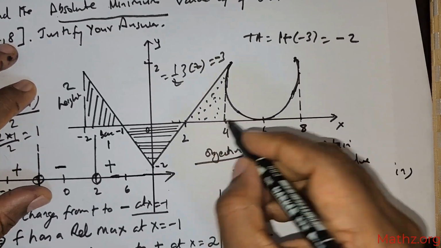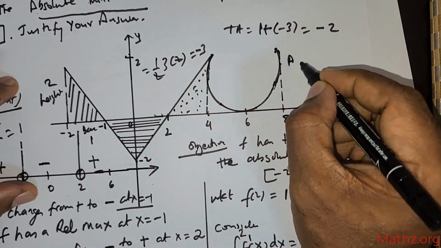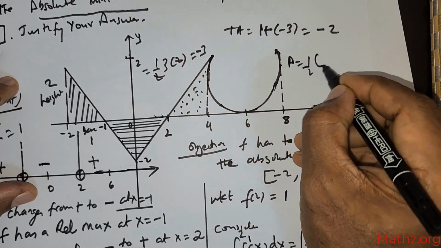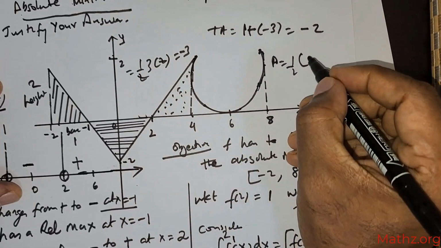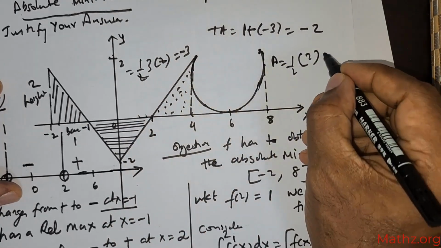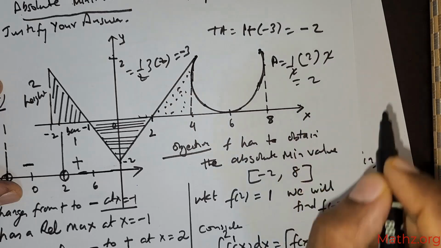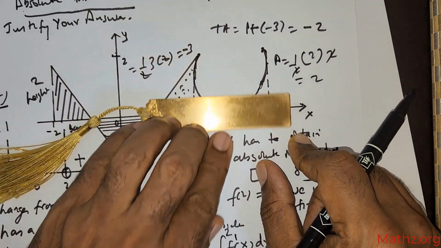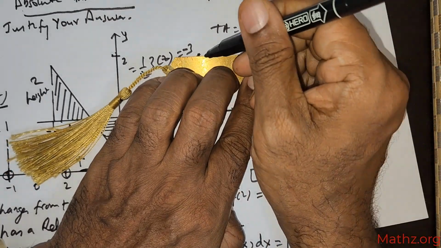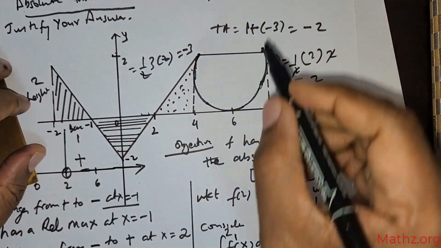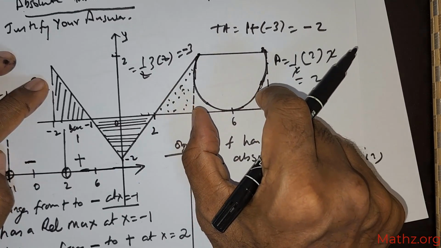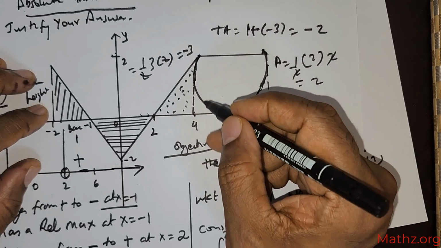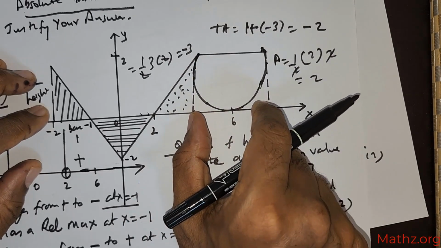So what is the area of this? The area of the dotted triangle is equal to half times the base, which is 2 units, times the height, which is 2 units, so this is going to be 2 units. This is positive, this is also positive. Now over here you have to take the area of the rectangle, because you are actually looking to find this region, this area.